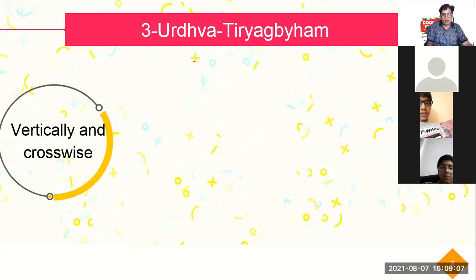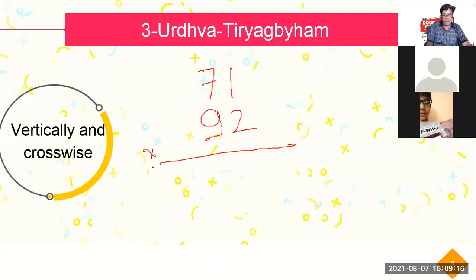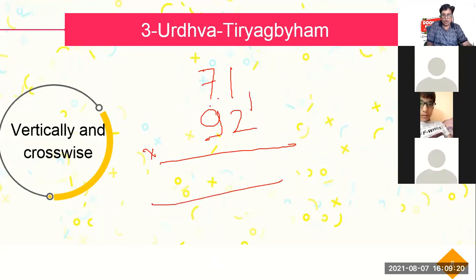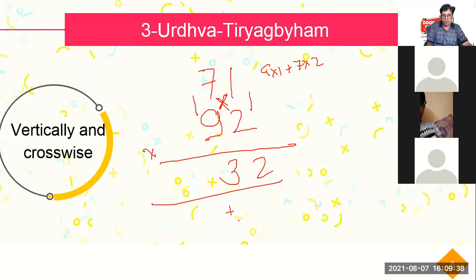Okay, one more example. 71 into 92. Multiply in a single line. 1 cross 1, 2 ones are 2. Now cross multiply. 9 into 1 plus 7 into 2. 7 into 2, 14. 14 and 9, 23. 23 will be 3, carry over 2.